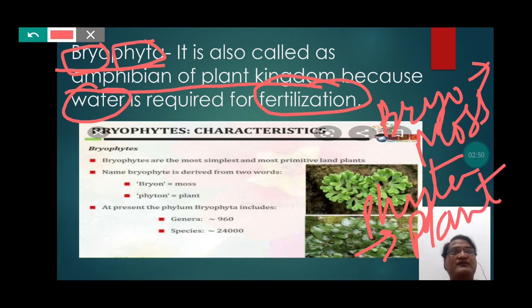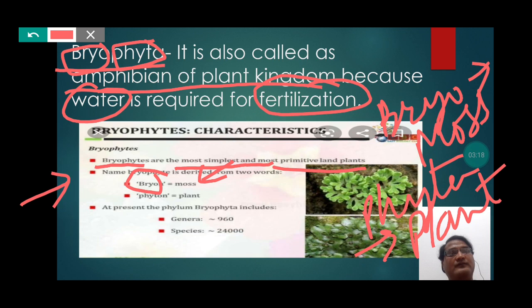If you concentrate on this picture, it will be very easy to understand that Bryophyta are the simplest and most primitive land plants. And the second point, where bryo represents moss and phyta represents plant.